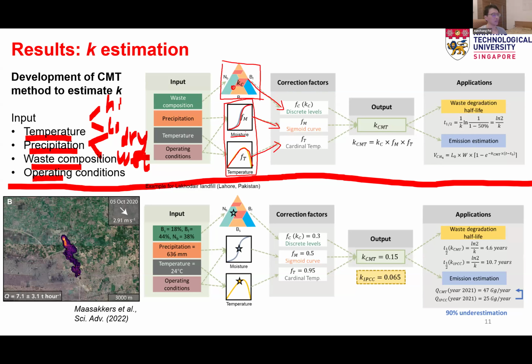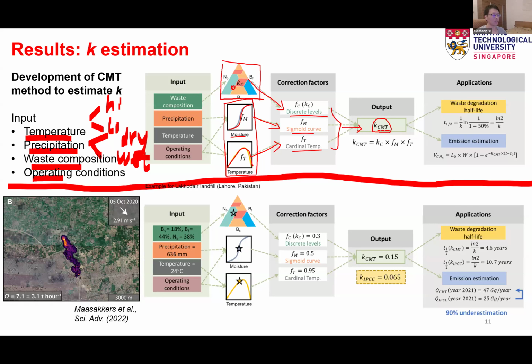How do we get this? For a specific landfill, we are able to know the moisture of that landfill, the waste composition, and the temperature. So based on the site condition, we can get three values, and then we simply multiply these three values together to get a new K value called KCMT. CMT stands for composition, moisture, and temperature.